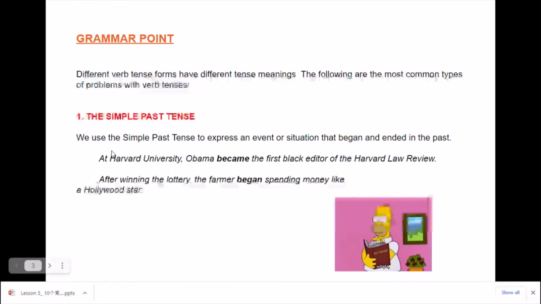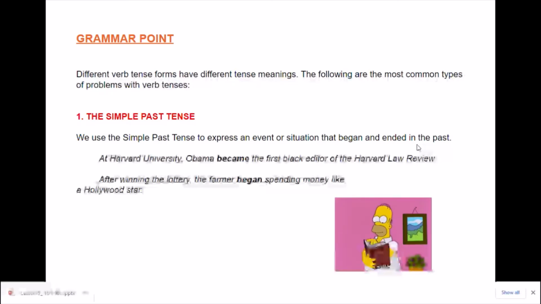We use the simple past tense to express an event or situation, that means something happened, or the state of affairs, that means situation, that began and ended in the past.